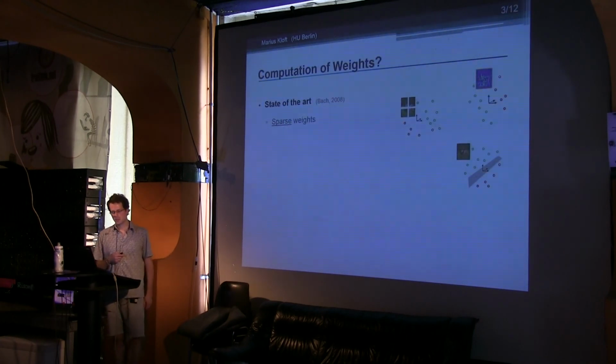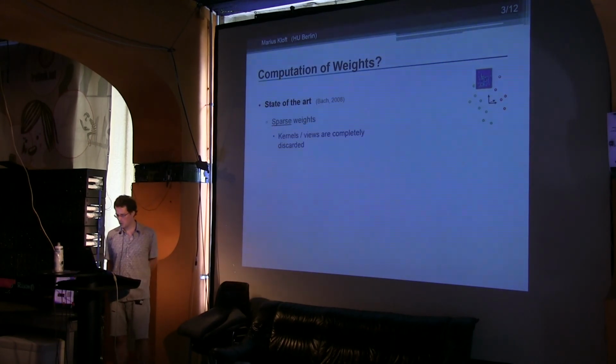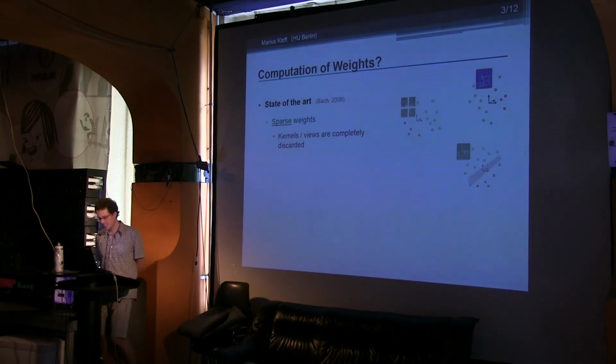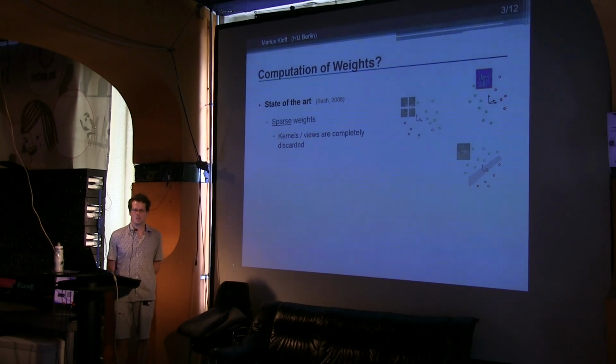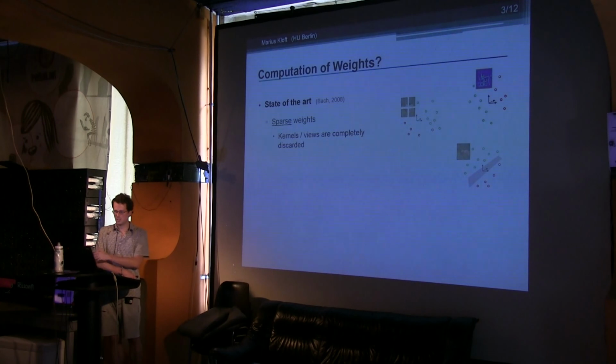One approach that has been used for a long time is using sparse weights. Sparse means here that kernels, or equivalently these views, are completely switched off, like the color kernel is switched off or the shape kernel is switched off, something like this.